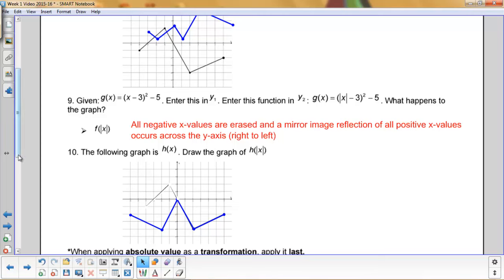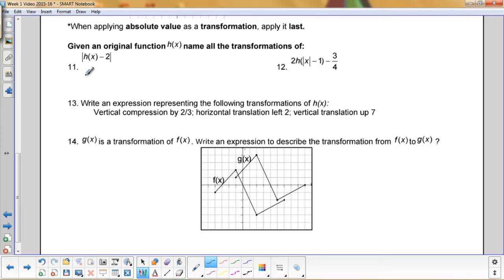All right, we've got a couple more that we're going to do before we finish up. Okay? So it says, given the original function of h of x, name all the transformations. All right, so that means I've got absolute value on the outside, so that's going to be reflect all negative y values over x-axis.